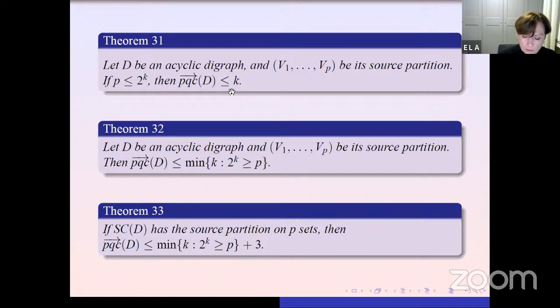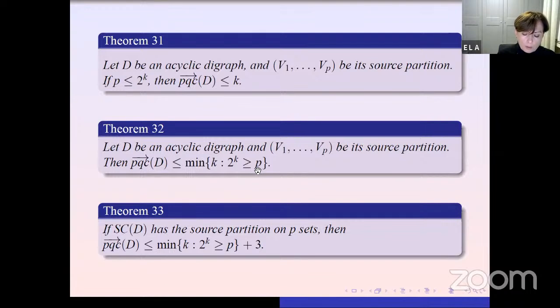And on the other hand, we can reformulate this theorem a little bit in this way. If D is an acyclic digraph and it has a source partition into p sets, then the proper quasi-connection number is at most the minimum K such that 2^K is greater or equal to p.